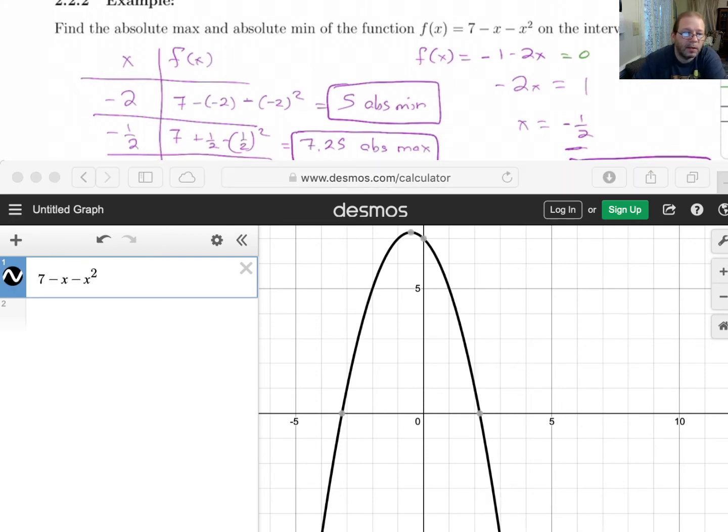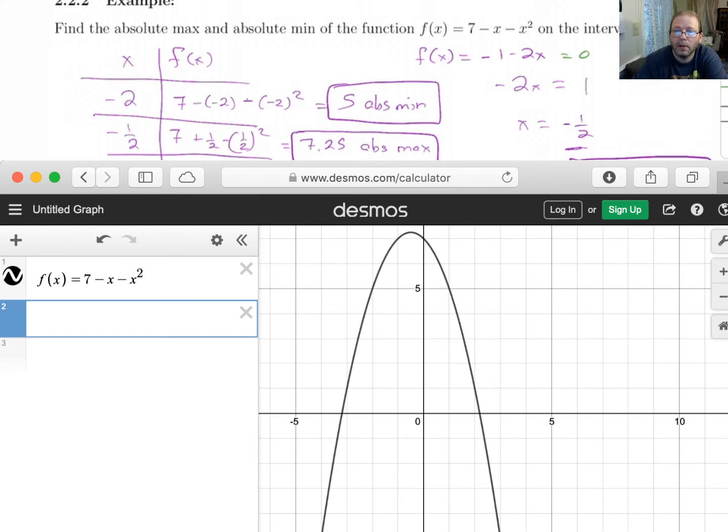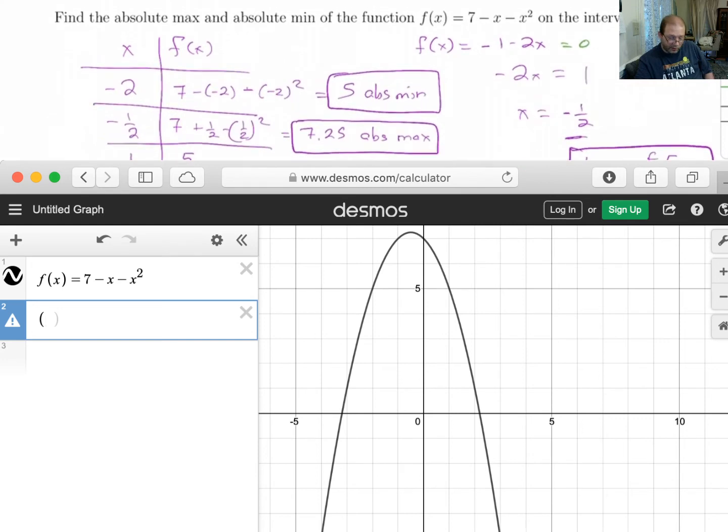And just to make this easy, I'm going to call it f of x, and I'm going to put in these three points. Our interval was -2 to 1, so I can put that in as -2 comma f of -2.